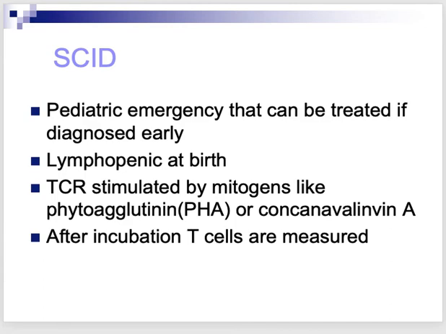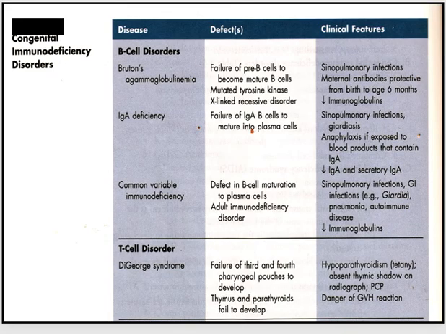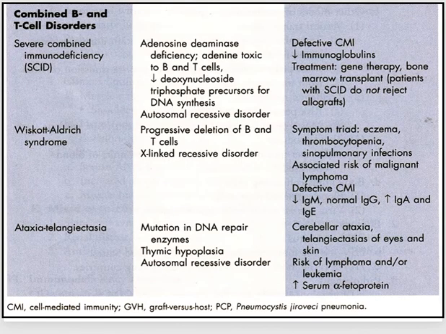So how do we manage any immune deficiency? Anyone who has any primary immune deficiency, the treatment is that we give them prophylactic drugs like antibiotics, antifungals, and antivirals to prevent infections.